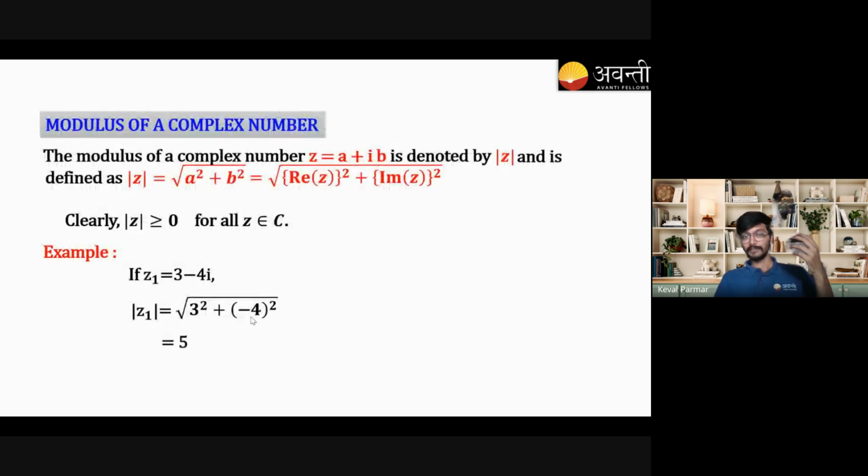I hope you remember that we studied vectors, and the modulus of a vector is taken in a similar way, right? That is, if a vector is 3 i cap minus 4 j cap, then its modulus, or you can say the length of the vector, will be equal to under root of 3 squared plus minus 4 squared.